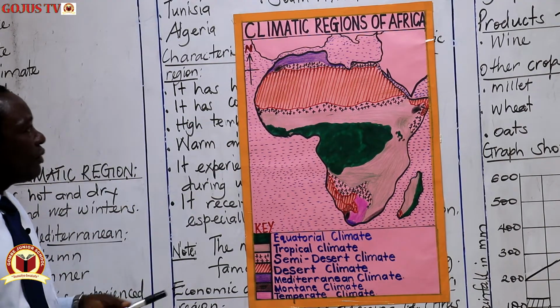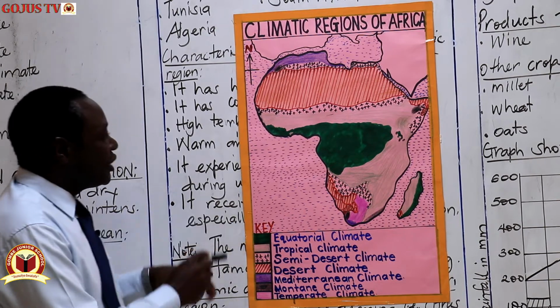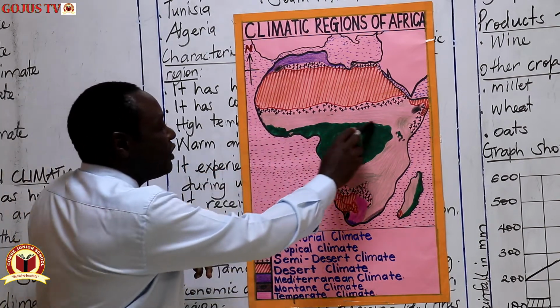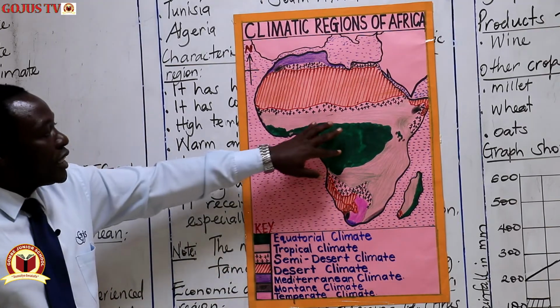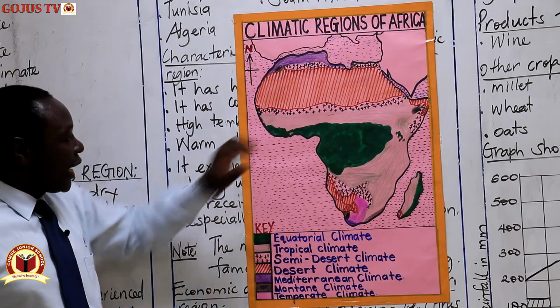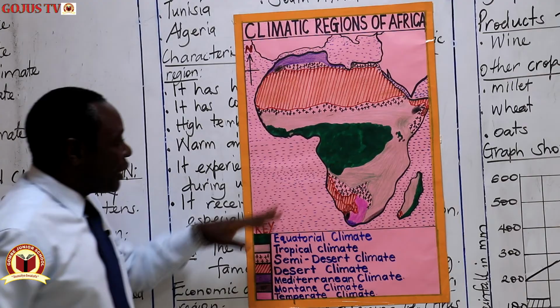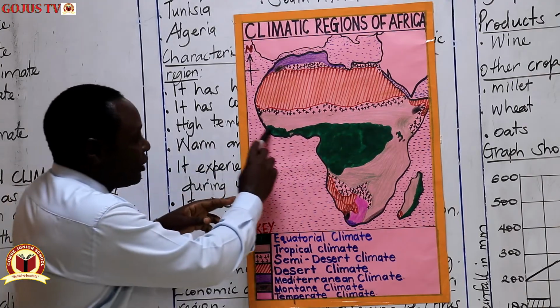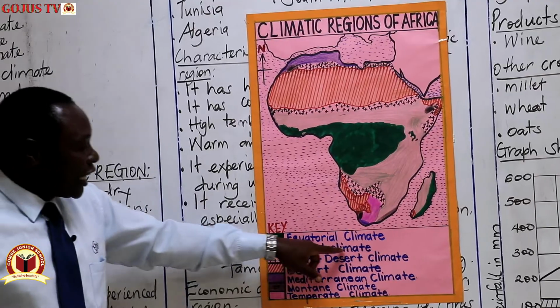We also have the equatorial. Equatorial is this part here. This is the equatorial region. It is from the central region, and we shall look at the countries that are found in this area. We have also the tropical climate.